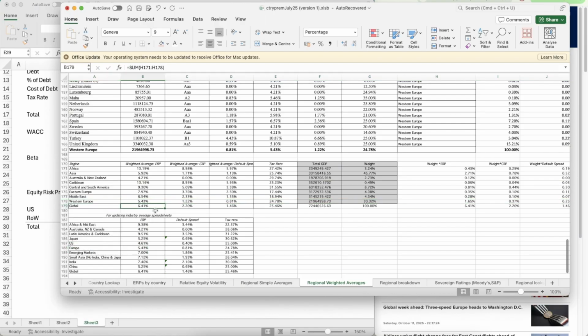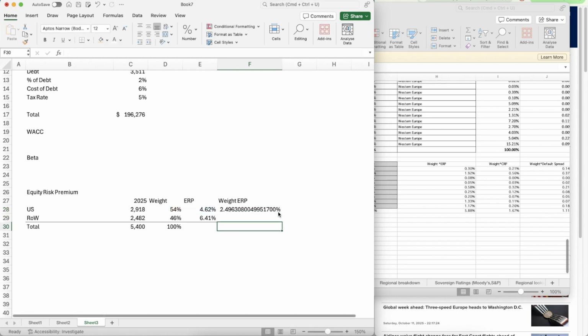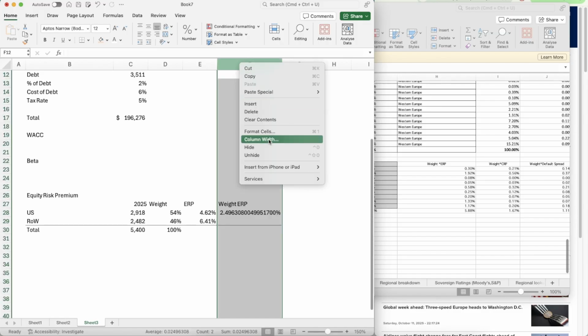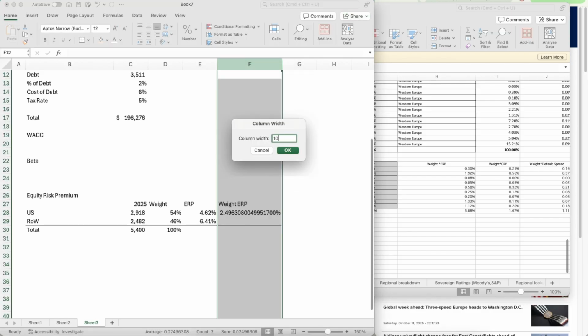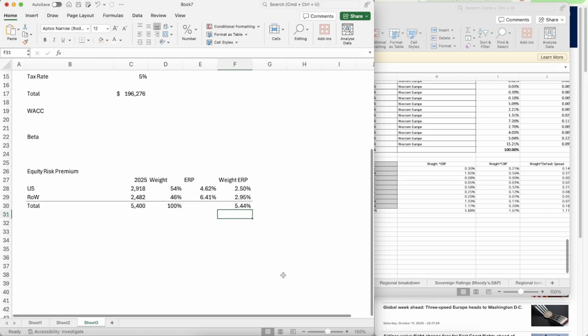Okay, let's go with 6.41%. Then we do this one multiplied by this one. So 5.44%. Okay.